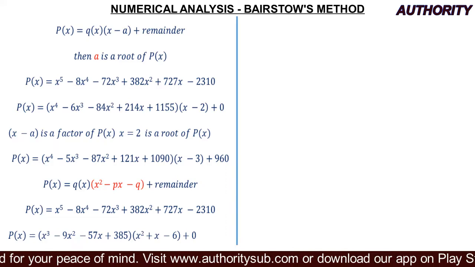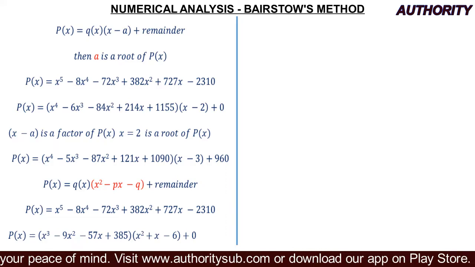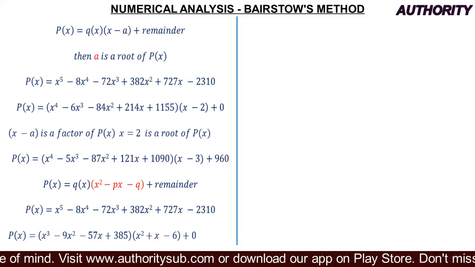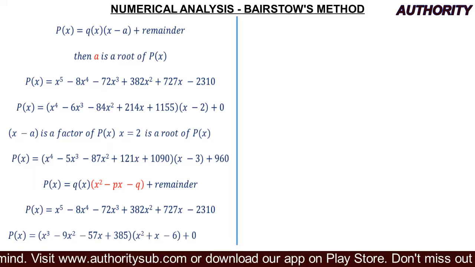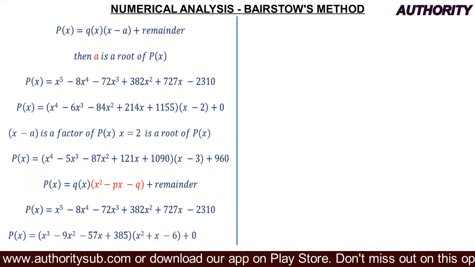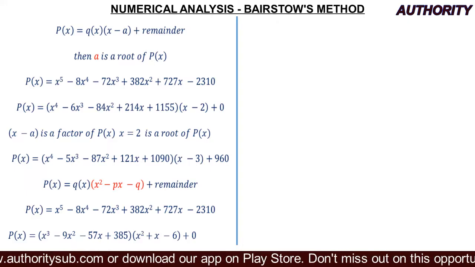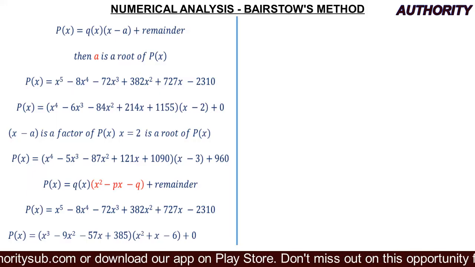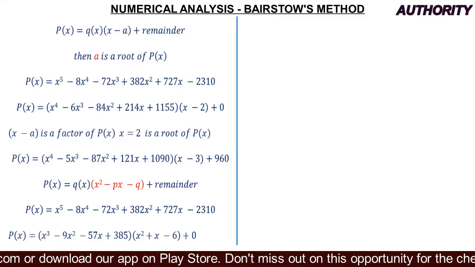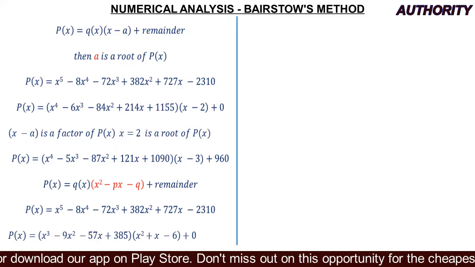We are trying to find the root of polynomials. The root of what? Polynomials of any degree. You know how to solve degree 1, degree 2, that is quadratic, and cubic, right? Good. We are talking about how you can solve for the root of a polynomial of any degree.